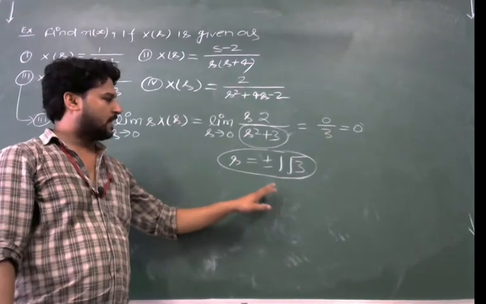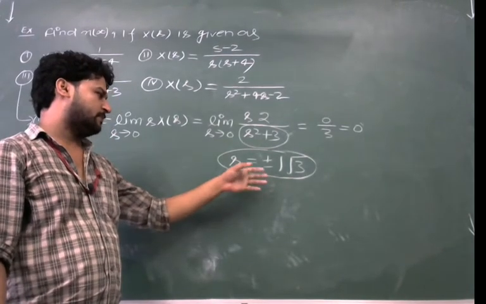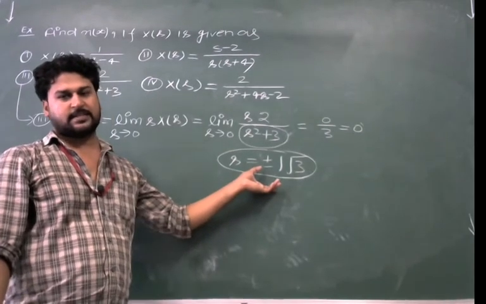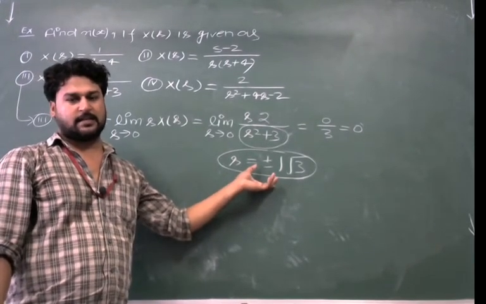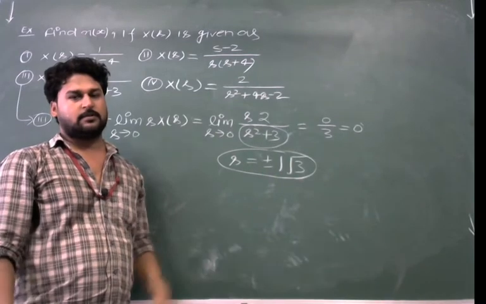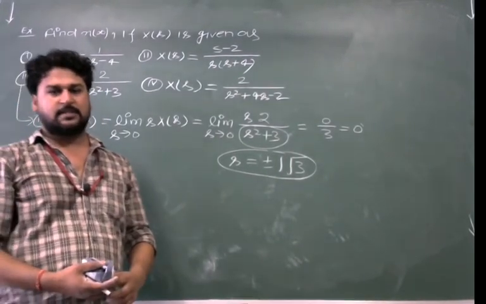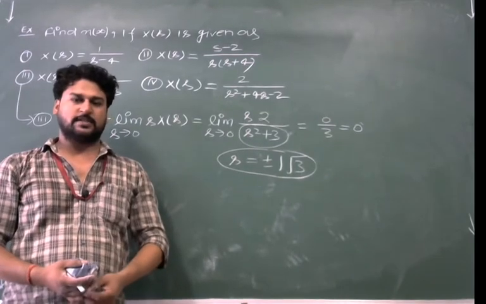Means we can say it may be treated as a marginally stable system, or in the signal system we consider it as an unstable system. There is no concept of marginally stable. Marginally stable systems are studied in the control system only.